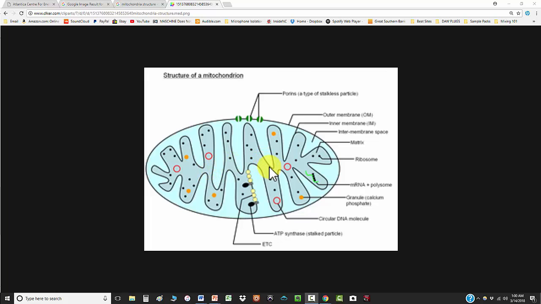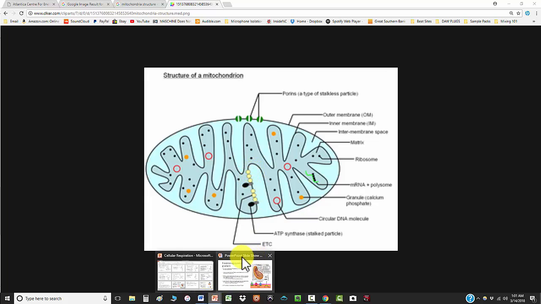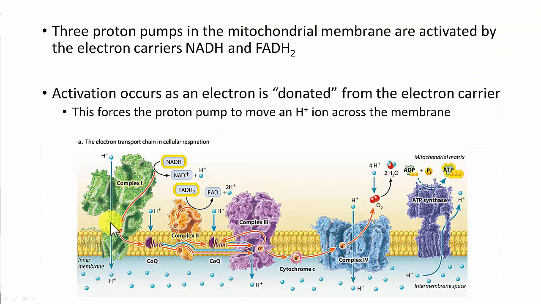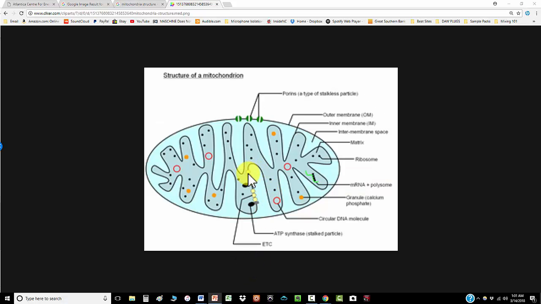So we're here in this inner mitochondrial membrane, and it goes all around the mitochondria, and in different locations throughout we'll have repeating series of these electron transport chains. These are a more detailed look at those. So that's what we're seeing here in the series.